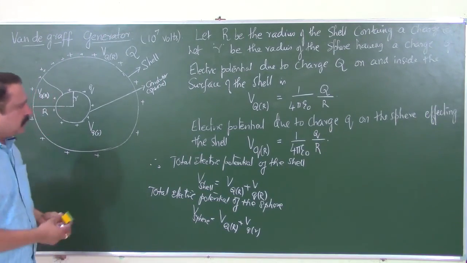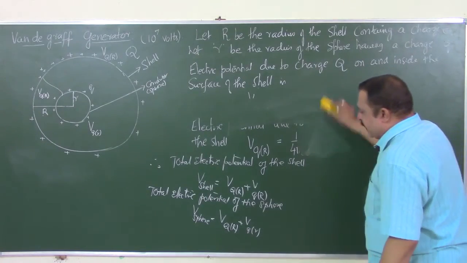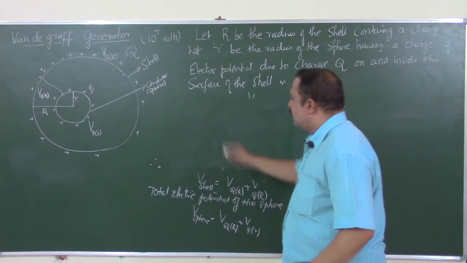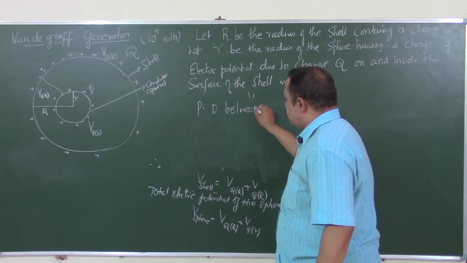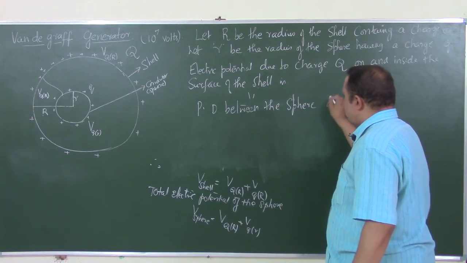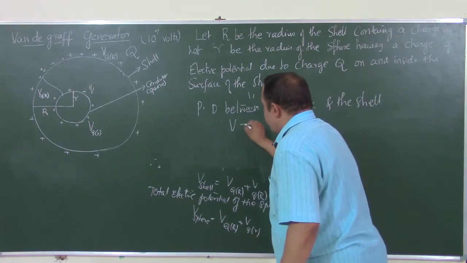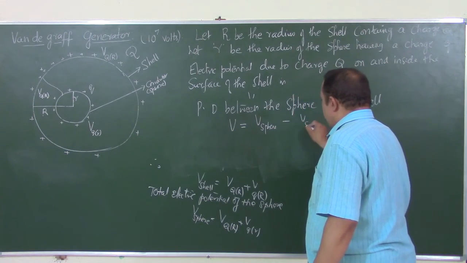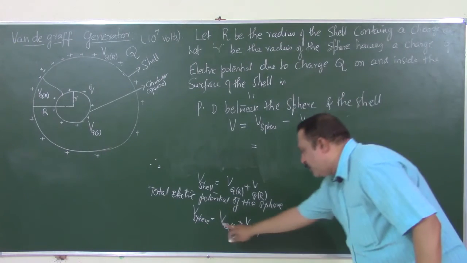Okay. Now, let us take the potential difference between the sphere and the shell, that I call V. So, it is V of sphere minus V of shell, that is equal to, what is the total value of V of sphere?